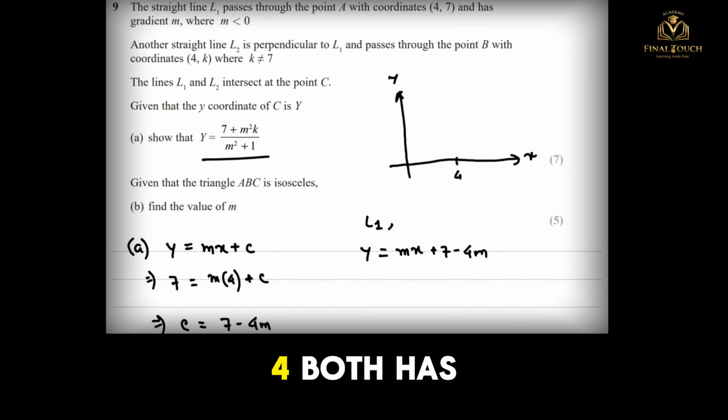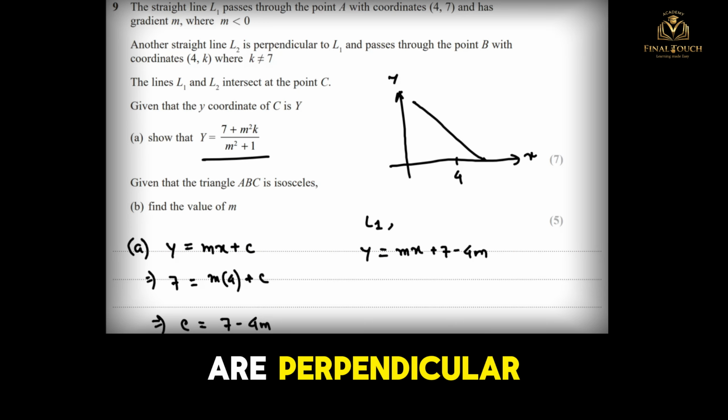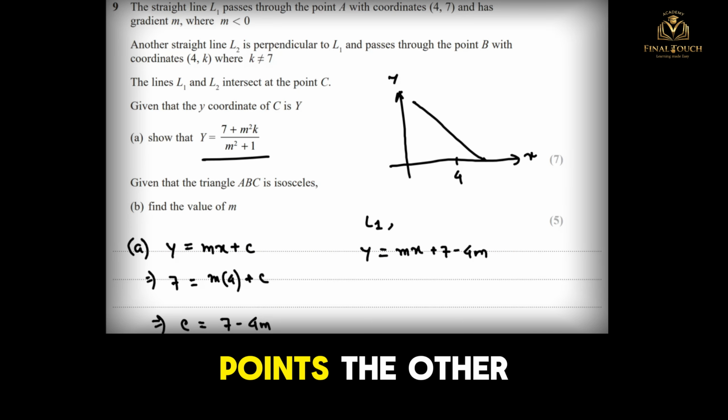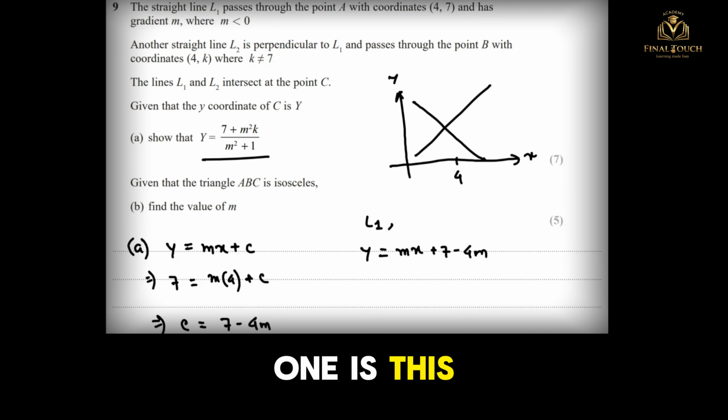Both have this common x value, which is 4, and they are perpendicular.